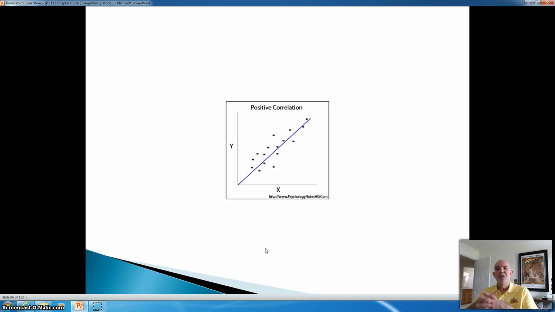I could take two measurements on each person in our class, how much stress you've been under and your health problems. And here's what it would look like. One person would report maybe very few health problems and very little stress, and so we go up like this.